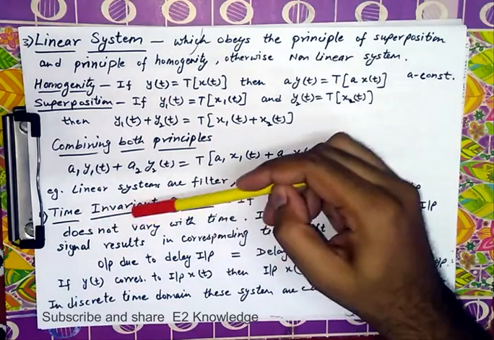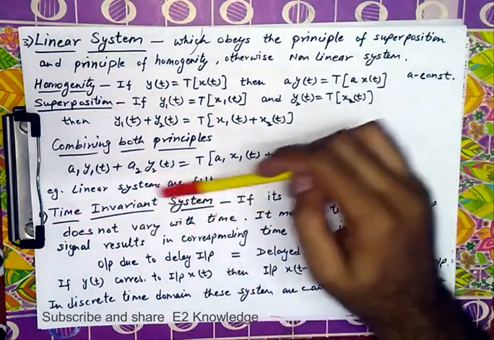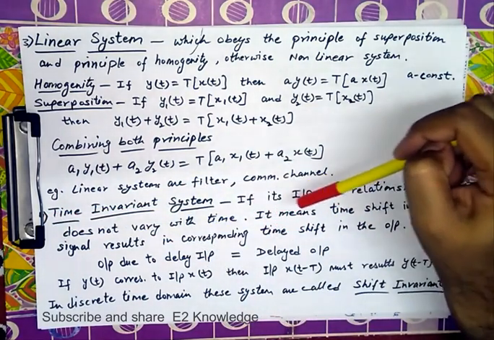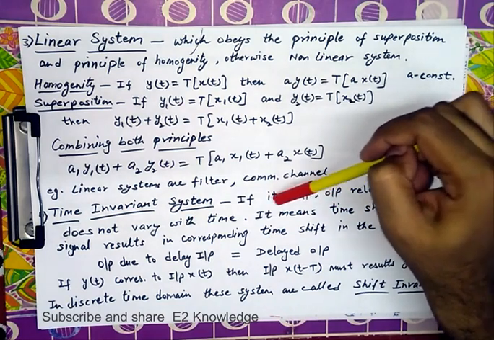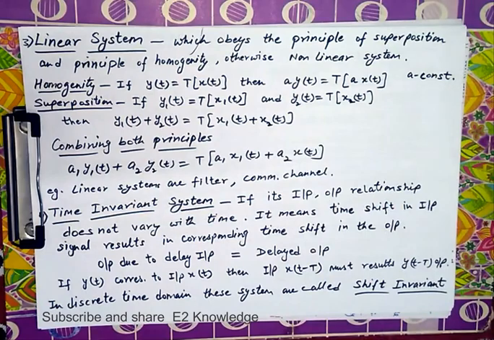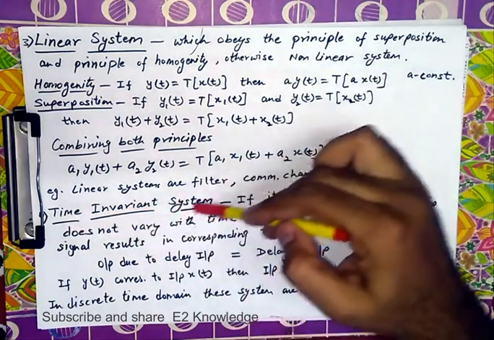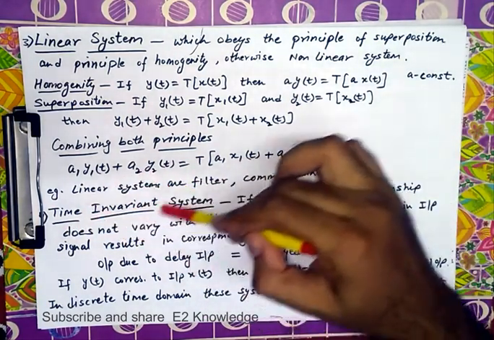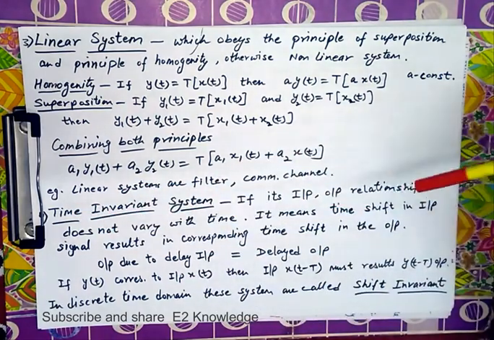Next is the time invariant system. It is also a very important type of system. If its input-output relationship does not vary with time, then it is known as a time invariant system. Invariant means not varying with time.